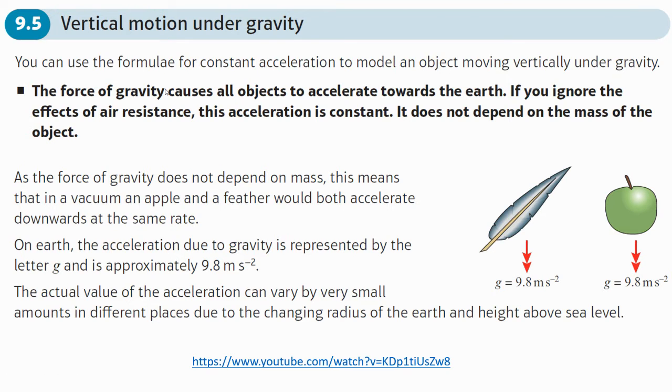Okay, so vertical motion under gravity. Gravity brings all things towards Earth, and on Earth it's 9.8, and it acts constantly on everything. So whether you drop a feather or an apple, gravity is acting the same. If it wasn't for air resistance, they would fall at the same time. The video link down here, which I'll also put in the assignments tab, shows a hammer and a feather being dropped on the moon, and on the moon there is no air resistance, so you can see this in effect.